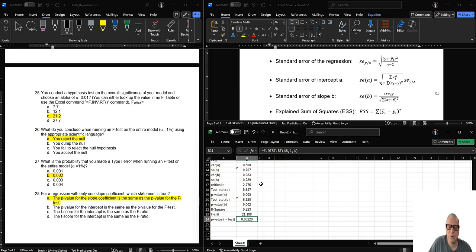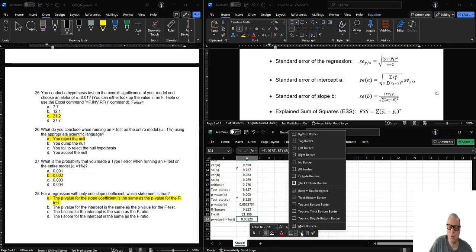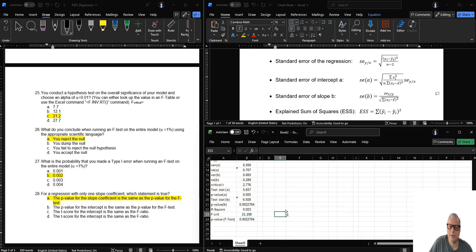If we go to the p-value of the slope coefficient and I add more decimals, you see it's the same. And that shows you that all those distributions are interrelated.